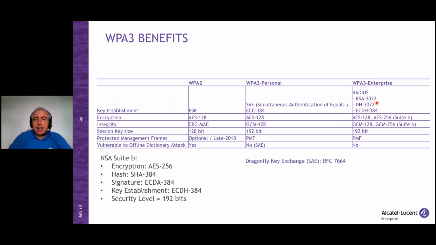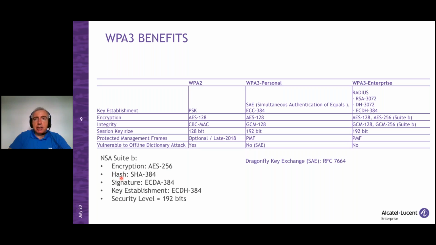Nevertheless, in WPA3 Enterprise, we add an improvement to AES, which is AES-256, which is Suite B. Suite B is a set of cryptography standards recommended by the US NSA. It is related with encryption using AES-256.